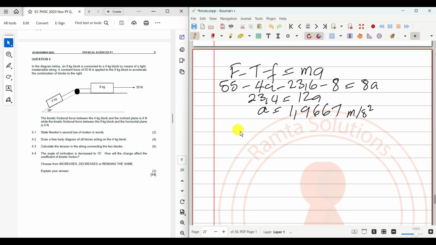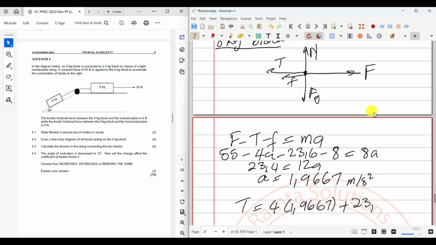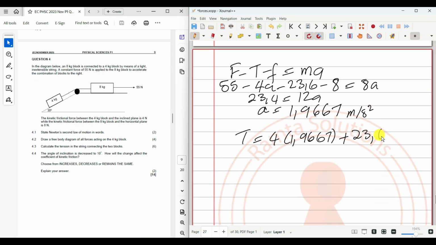So what is tension? Tension is 4 times 1.9667 plus 23.6. Okay, let's see what we are getting. 23.6 plus 4 times 1.9667.